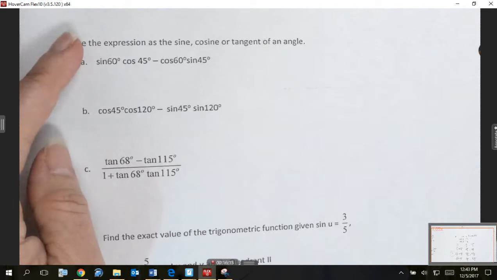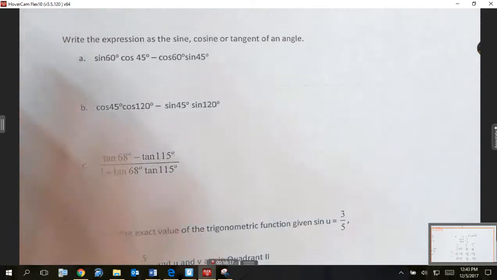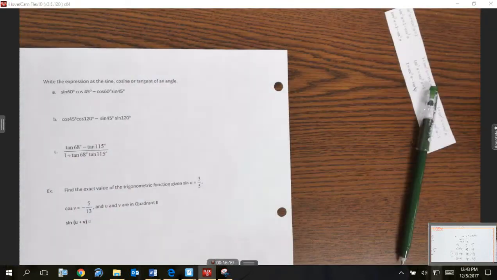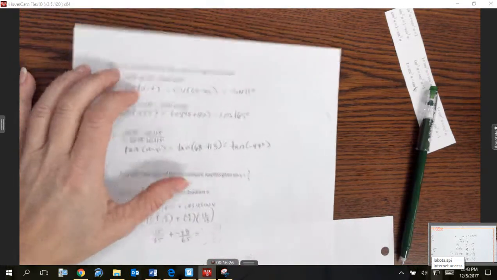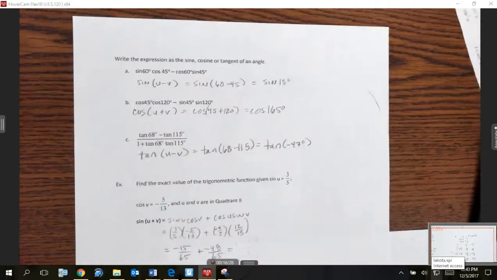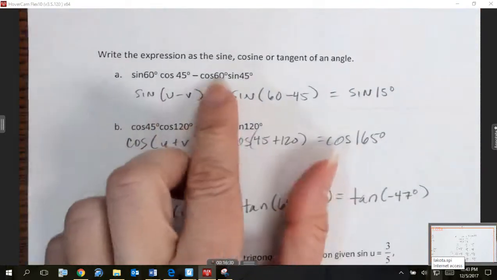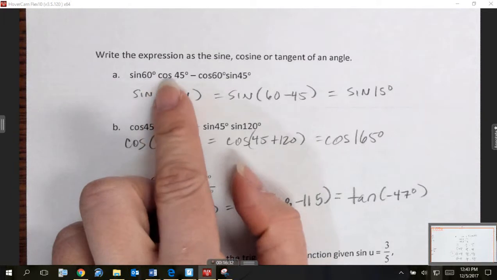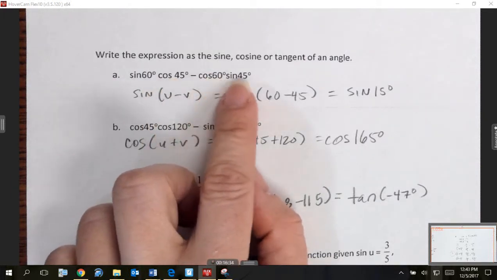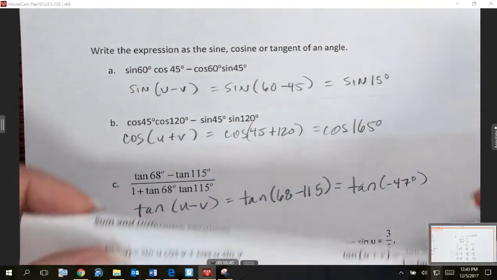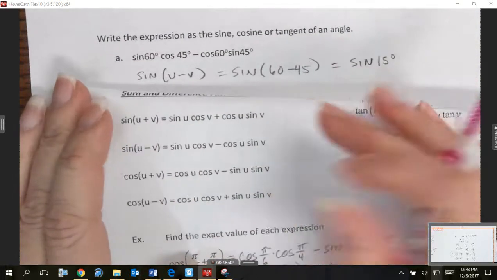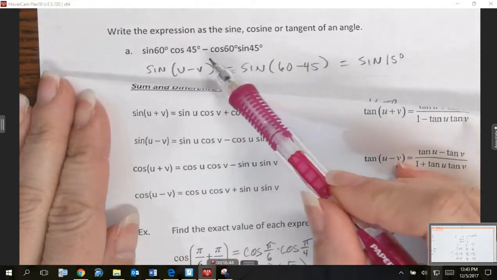These three, they're just asking you to write the expression as one sine, or one cosine, or one tangent. I think I'm just going to put my answers up because of time. So here, I'm looking at sine 60, cosine 45, cosine 60, sine 45, and then I'm looking at the original formulas from the front page and seeing which one has subtraction.